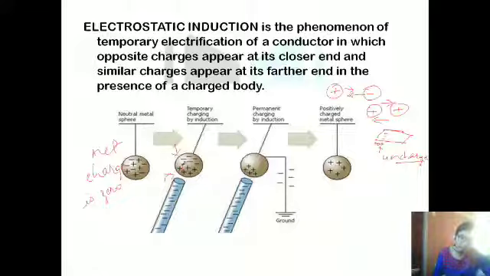That means all the negative charges present here will be repelled away. They will move far away from this region, so that this region which is near to this rod becomes positively charged and the region which is far away from this rod becomes negatively charged. That means now this metallic sphere is getting electrified. This process by which it is getting electrified is called electrostatic induction.